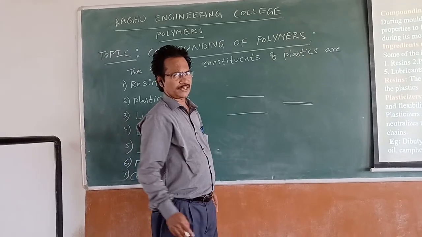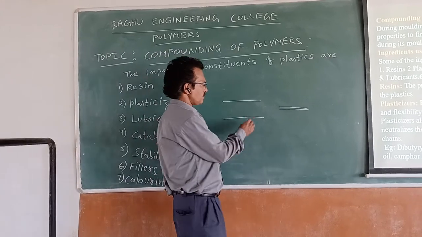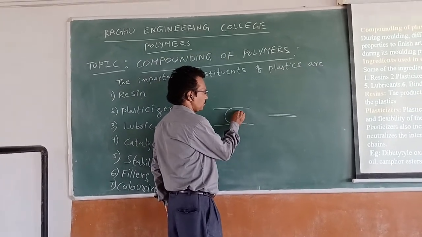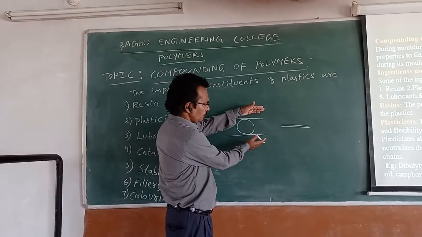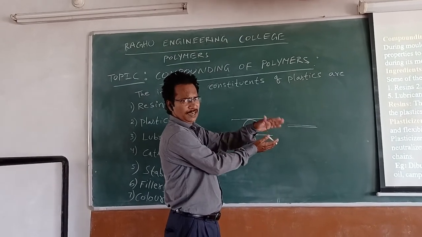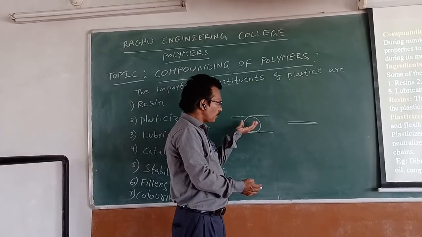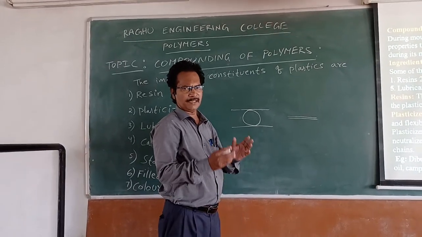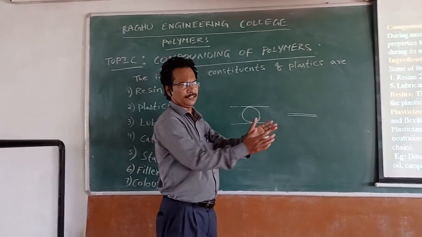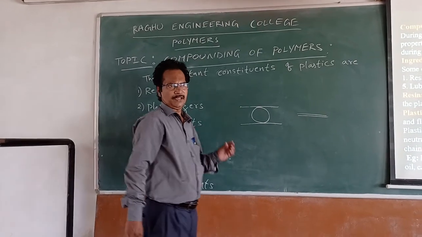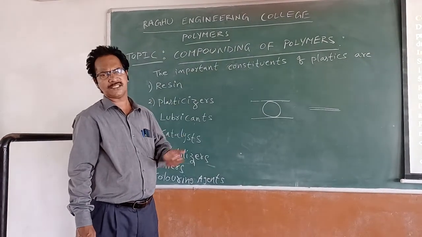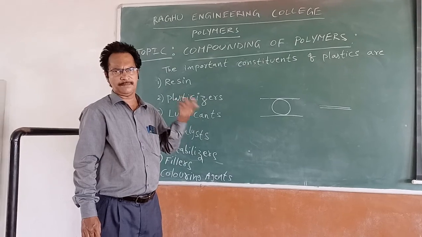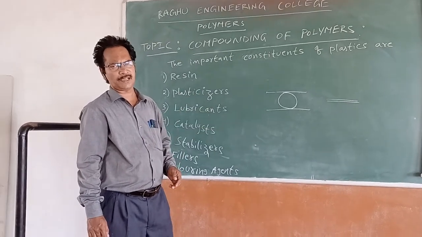Suppose you add a plasticizer, then the plasticizer comes in between these two, so that the two layers will not touch each other, and it neutralizes the force of attraction between them, so that there will be greater freedom of movement between the two polymer chains. Examples are camphor, any vegetable oil, and many other things that can be used as plasticizers.